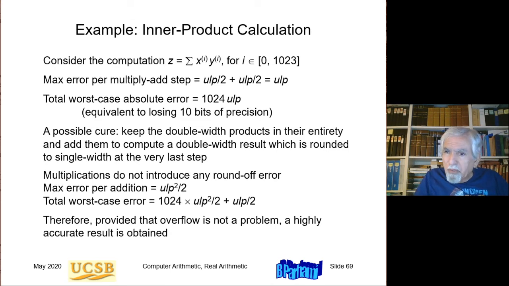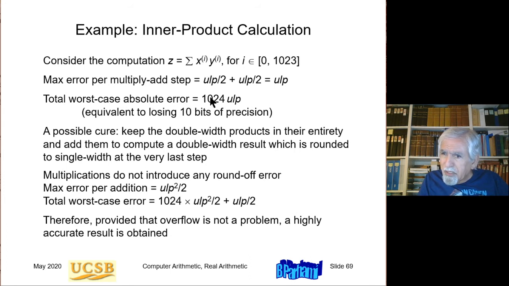Okay, so here's an example. Suppose you want to do inner product calculation. So the two vectors x and y are given, their corresponding elements are multiplied, and then they're added. If we do a regular multiply add operation, the multiplication generates the worst case ULP over 2 error. The addition of that product to the running total, another ULP over 2. So the worst case error for each of these terms is ULP.